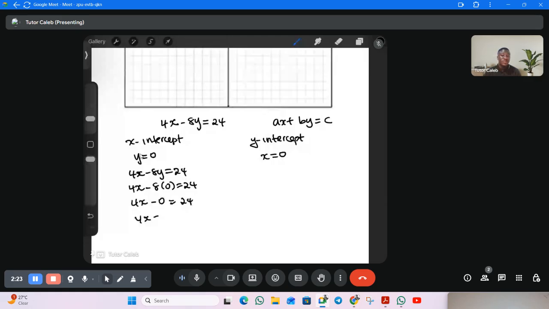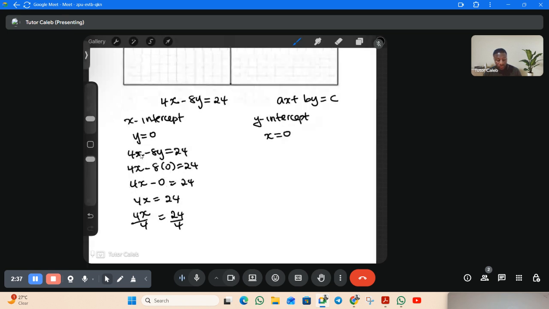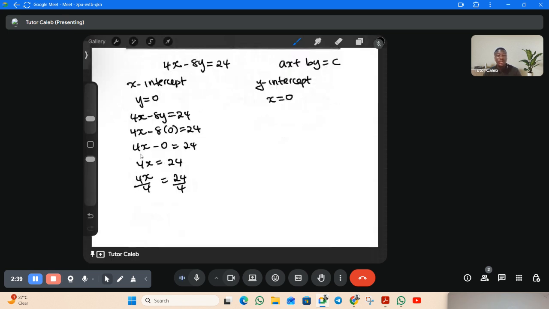Here, we divide both sides by 4. 4x divided by 4 equals 24 divided by 4. Now, this will give us x equals 24 divided by 4, which is 6. So for the x-intercept, we have the point 6, 0. This is our x-intercept.